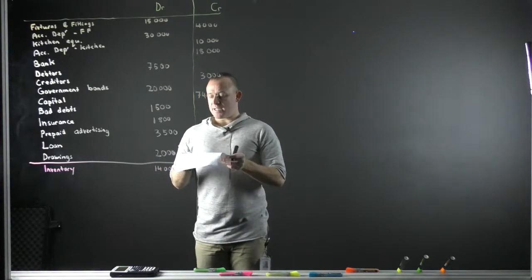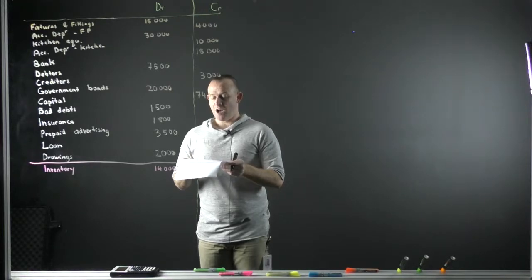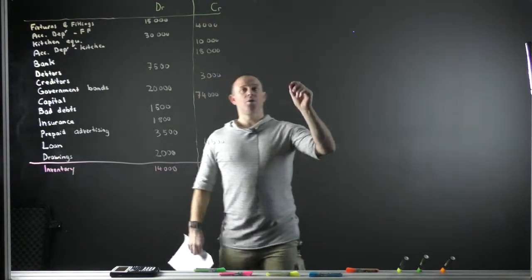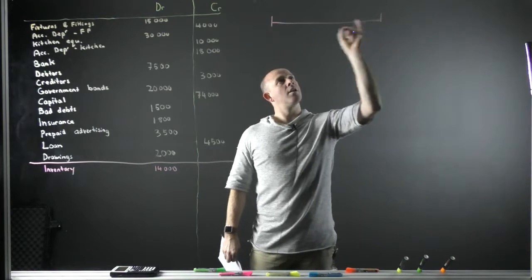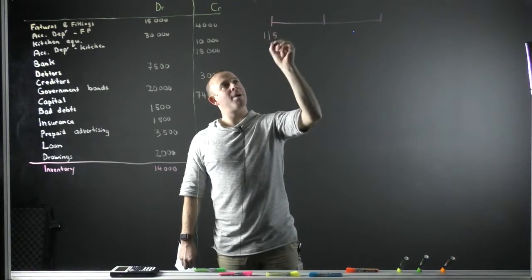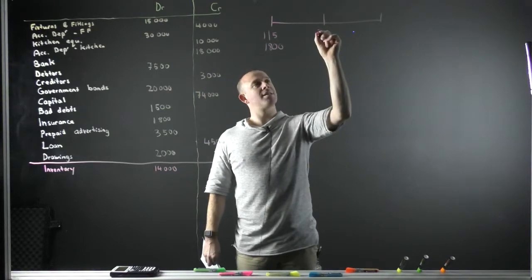Then the next transaction, an annual insurance premium for $1,800 was paid on the 1st of May. So we draw a timeline. 1st of May, we paid $1,800. Here is balance day.